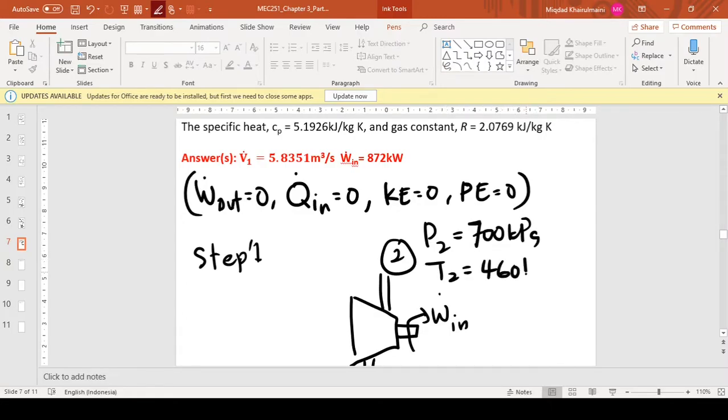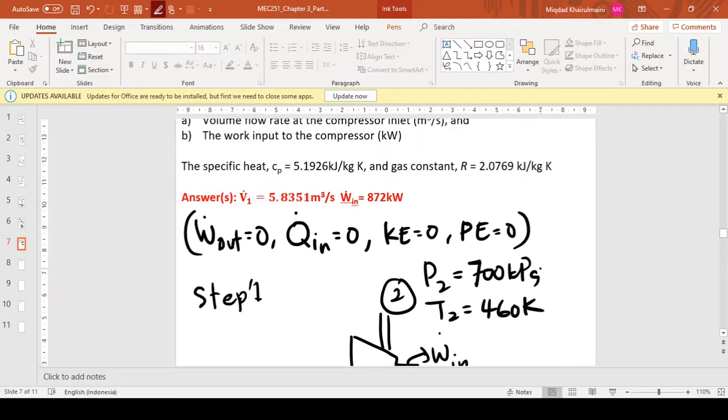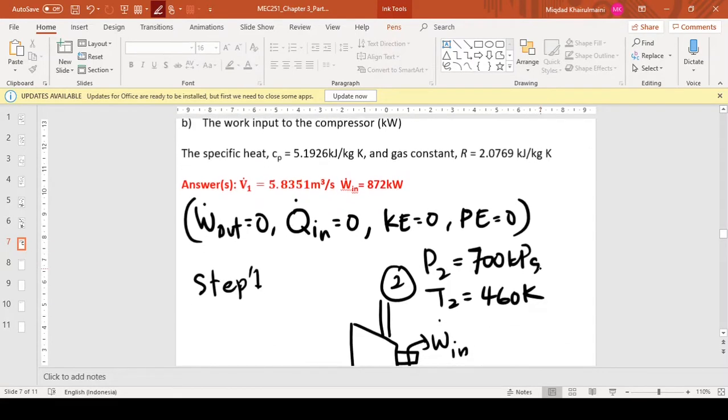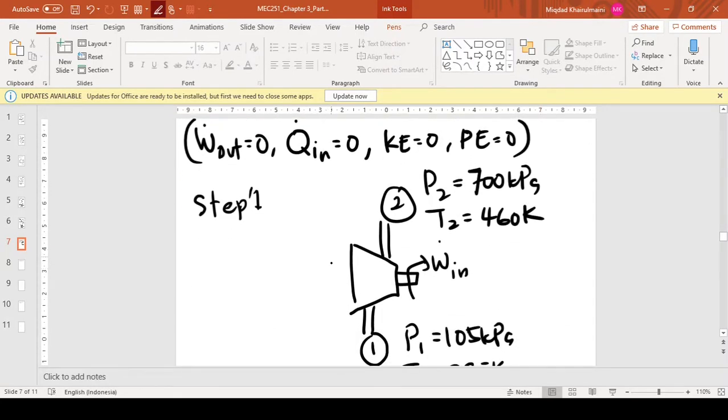Don't forget our heat loss. Heat loss from the compressor is a q in small letters because the unit is kilojoules per kg.